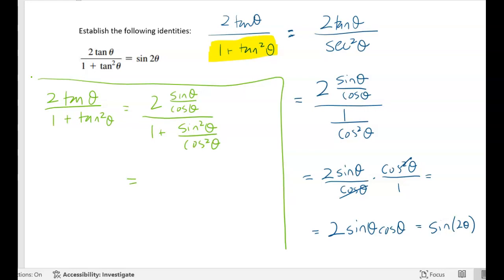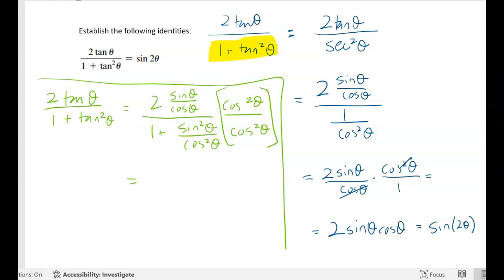Okay, and now I have this complex fraction. So typically what I would do with this is you could either add these guys together and then do the step where I'm dividing by a fraction, multiplying by the reciprocal, or you multiply everything by the least common denominator of the smaller fractions. It's kind of a matter of preference. So let's see what happens when I do it this way.